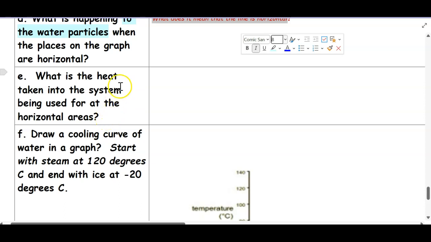But now, what is the heat taken into the system being used for at the horizontal areas? That's another issue entirely. Big question. You probably have to talk to your partner about this.